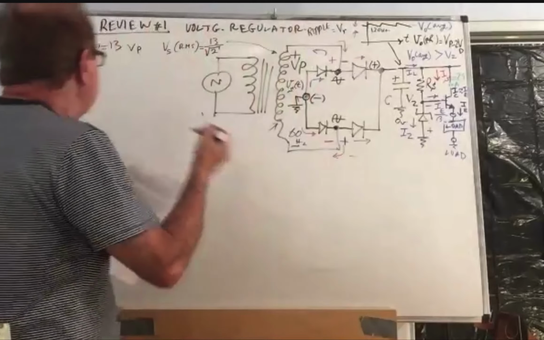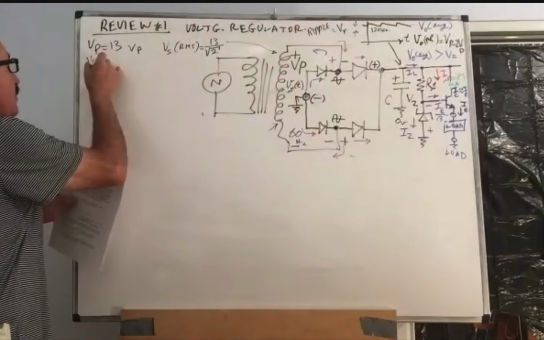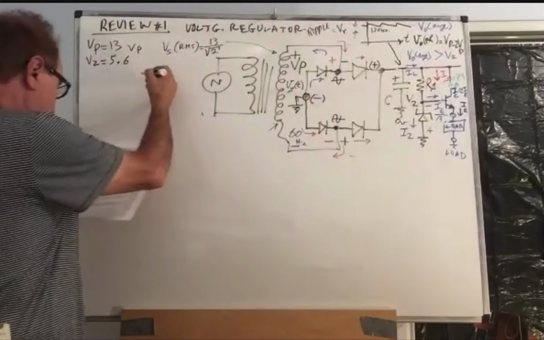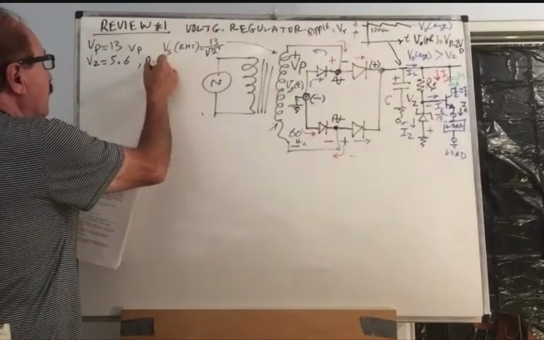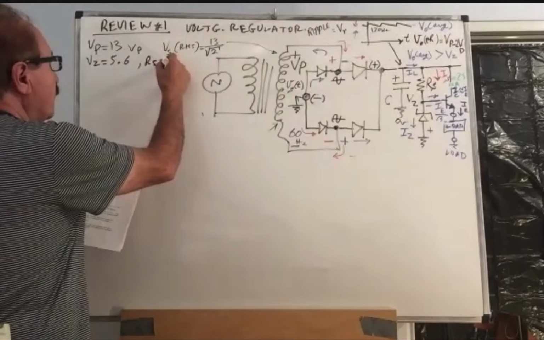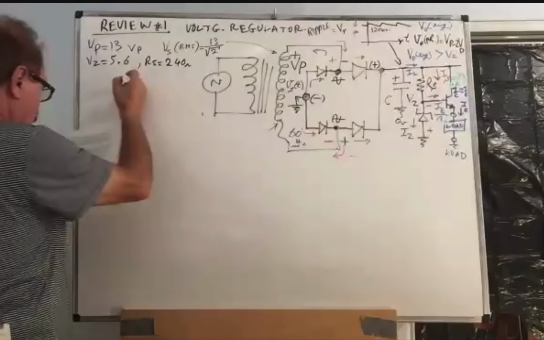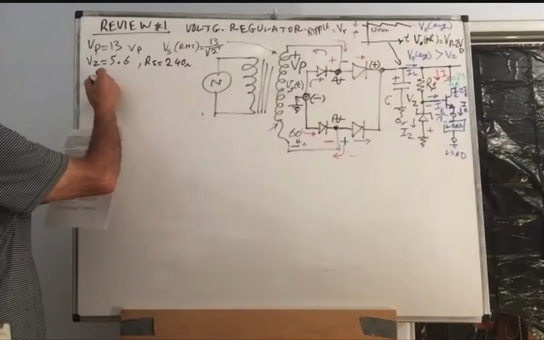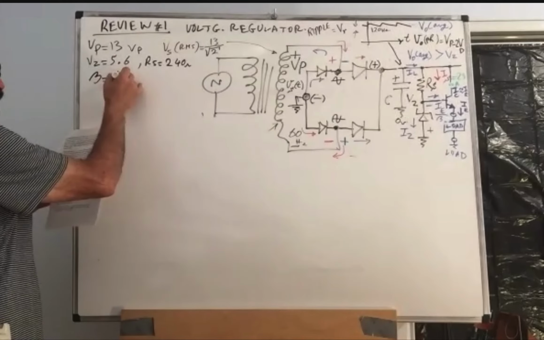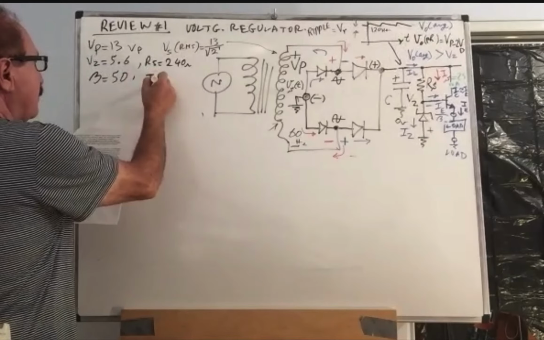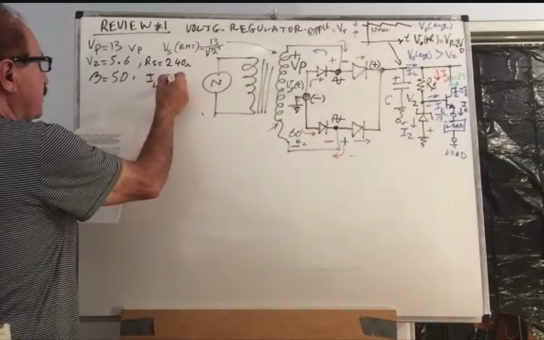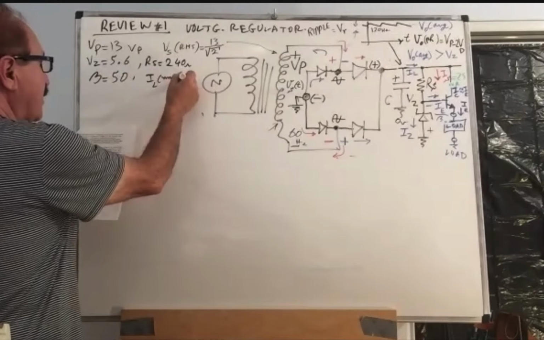Zener voltage VZ is 5.6. Zener RS is 240 ohm. Beta is 50. And IL max, maximum load current, is 500 milliamp.